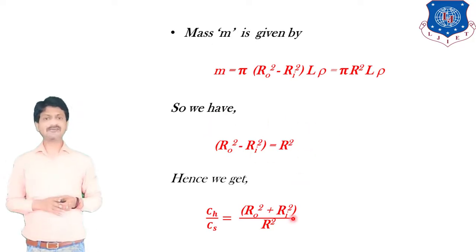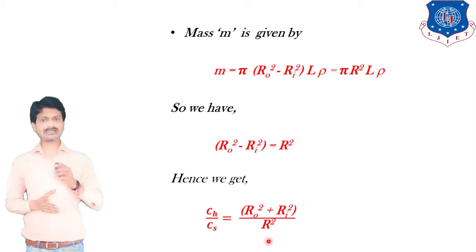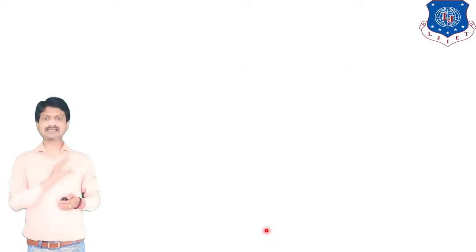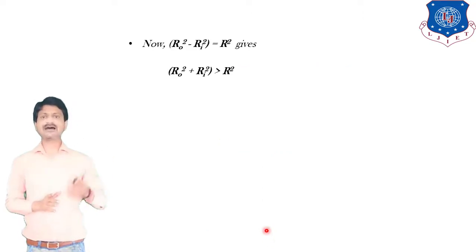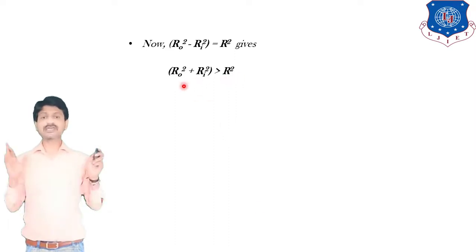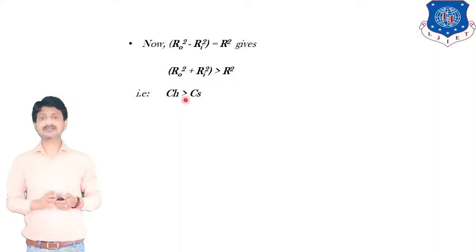So finally we have CH by CS equals Ro square plus Ri square upon R square. Now here Ro square minus Ri square equals R square gives us that Ro square plus Ri square is greater than R square. From that relation, we can say that CH is always greater than CS.